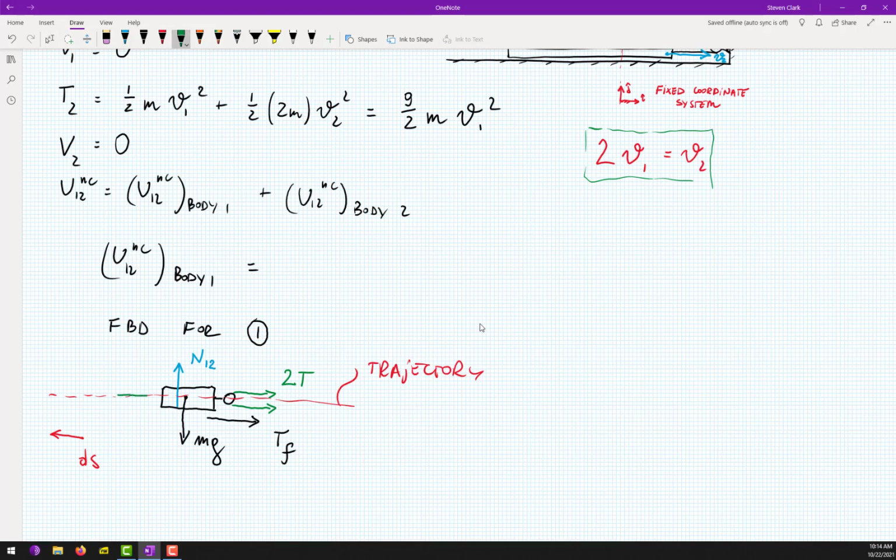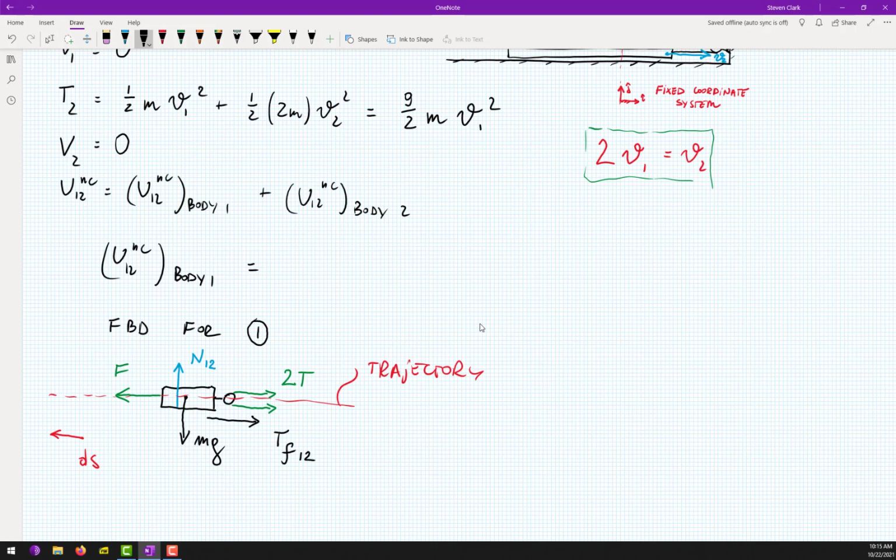Thank you. F. A lot of forces. And also let's put here TF12, because this is the friction force between body 1 and body 2.